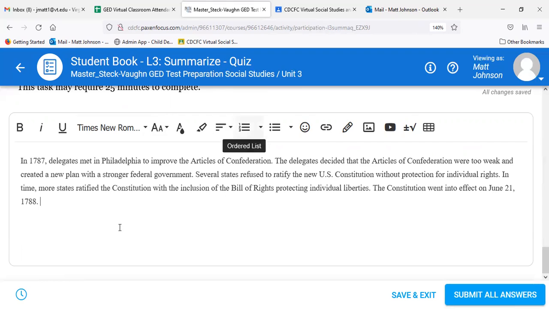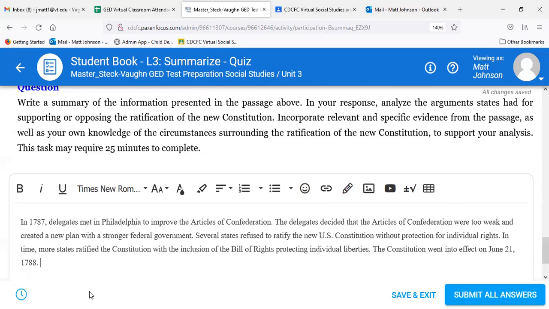So reading through here, what we have in summary: in 1787, delegates met in Philadelphia to improve the Articles of Confederation. The delegates decided that the Articles of Confederation were too weak and created a new plan with a stronger federal government.